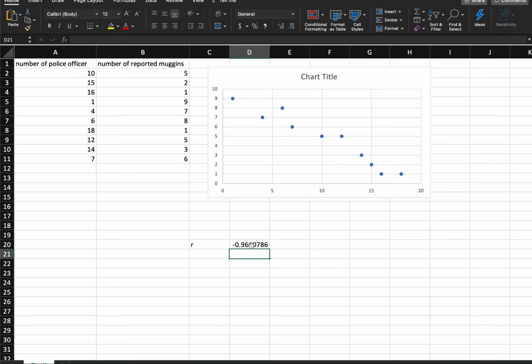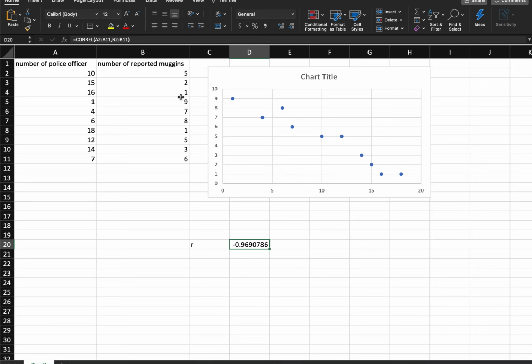We get our correlation coefficient, which is negative 0.9690786. And notice that it's negative, because this is going downwards, it's measuring how correlated these two variables are. Since it has a negative linear association, and it is pretty linear, that's why our R value is pretty close to -1.